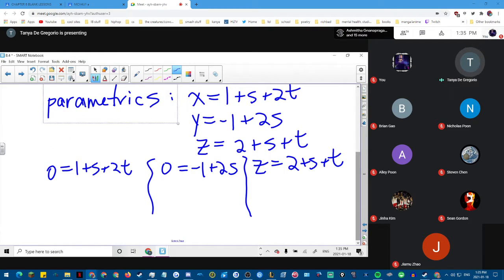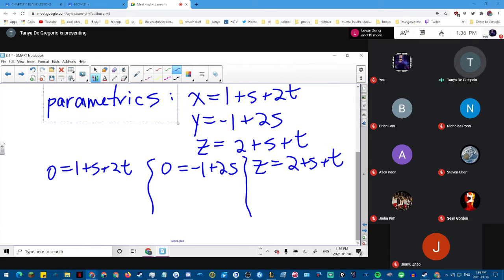And then here, let's go ahead. So what you should notice here, what can I do here? When I look at these 3 equations, I notice I have 2 variables in the first one. I actually have 3 variables in the last one, but I only have 1 variable in my middle one.